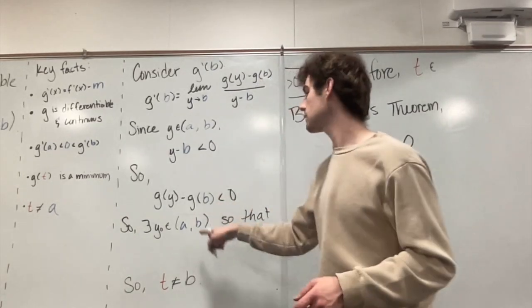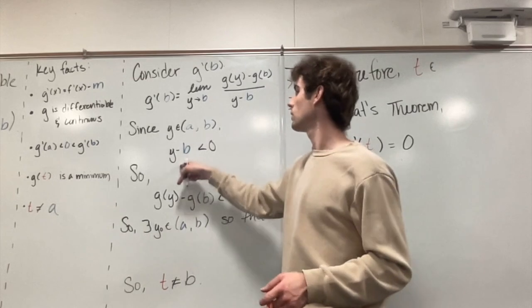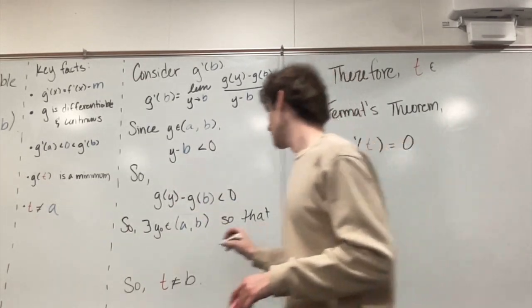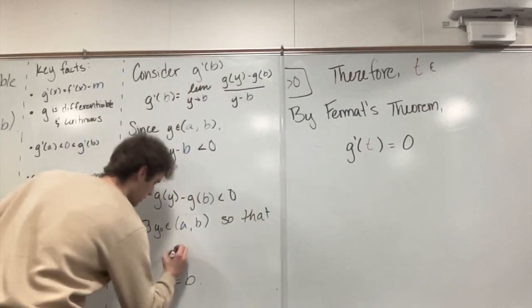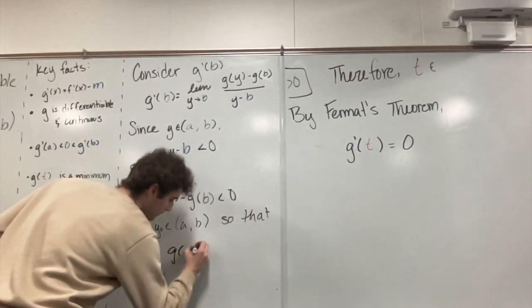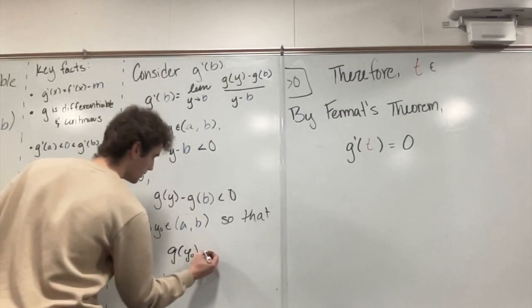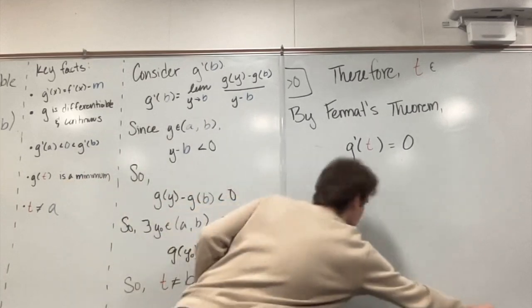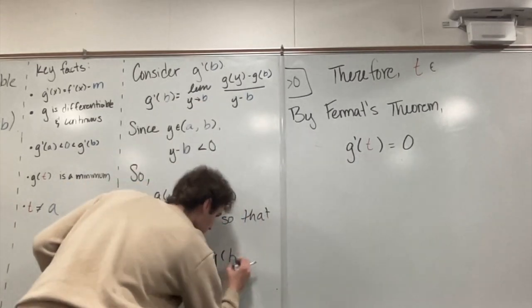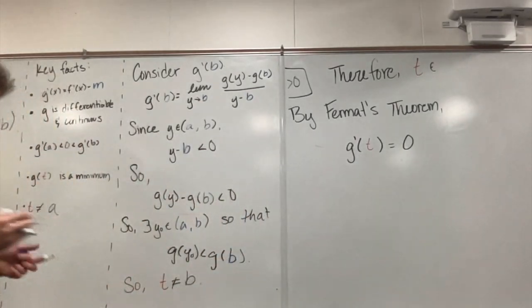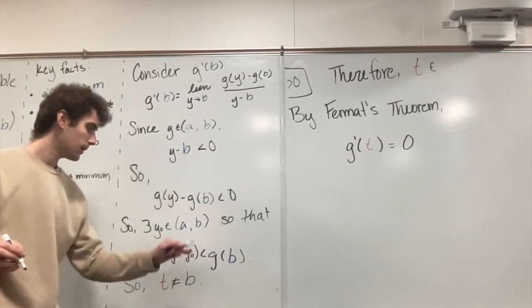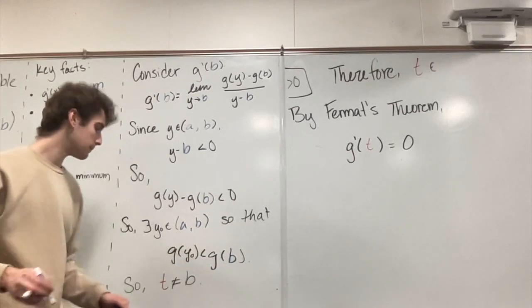So there exists a y naught in a and b, it's kind of like a little version of what we're referring to as y here, so that g of y naught is less than g of b. Okay, now because g of y naught is less than g of b, g of b can't be our minimum.